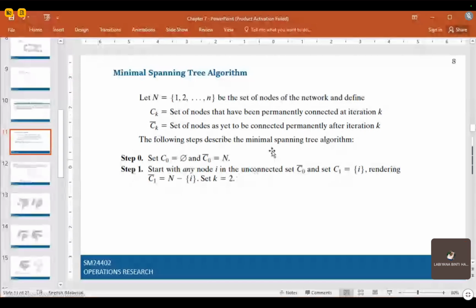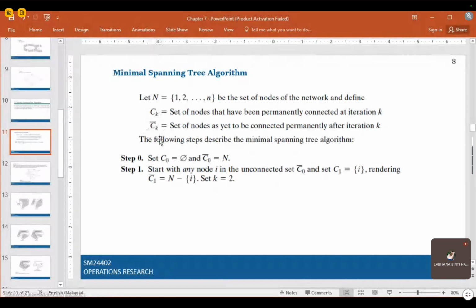This is the minimal spanning tree algorithm. Let N be the set, from node 1 to N, of the nodes of the network, and define Ck as the set of nodes that have been permanently connected at iteration k. So Ck here, k is the iteration.